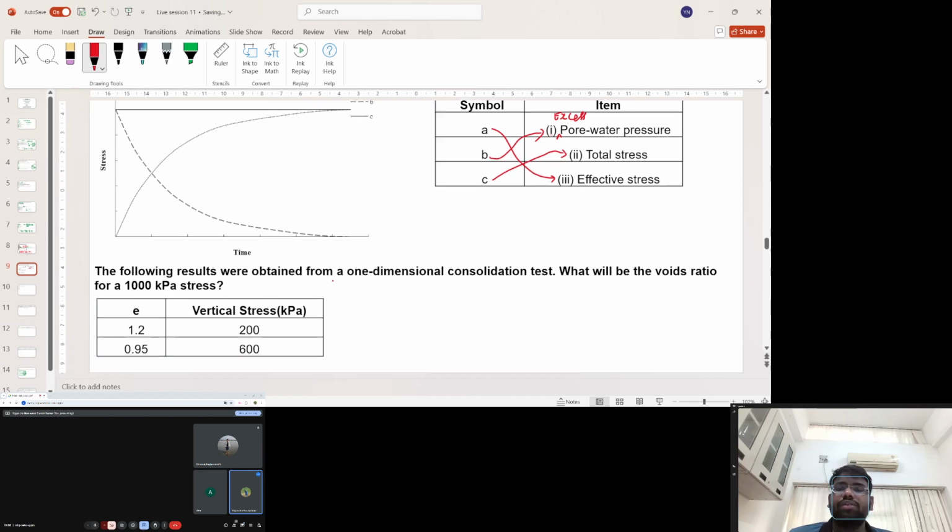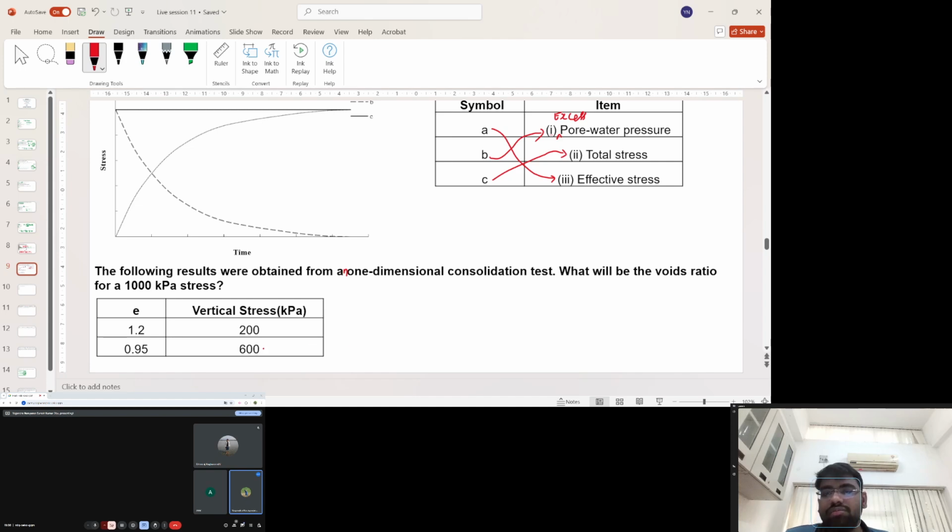Right. Yes, sir. Now coming to the next question: the following results were obtained from a one-dimensional consolidation test. What will be the void ratio for a 1000 kPa vertical stress?